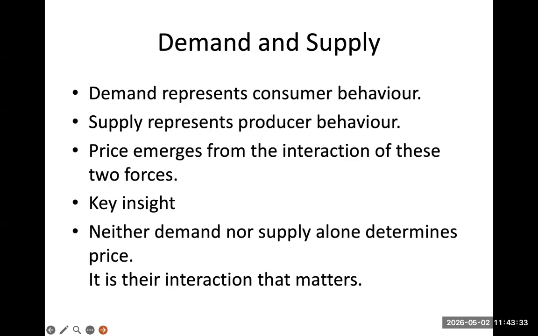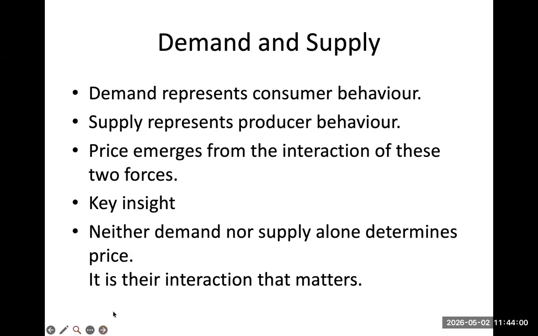Last week, we did something on demand and supply. So we are coming to fuse the concept of demand and supply together. Now think about the two key forces in the market. What are the key forces in the market? You have demand, which represents consumers, and supply, which represents the producers. So prices are not determined by only one side alone.